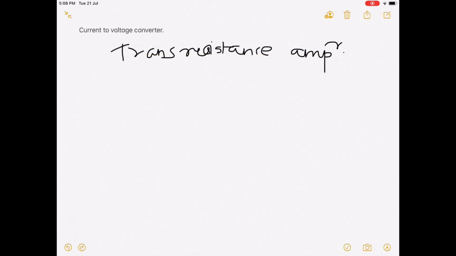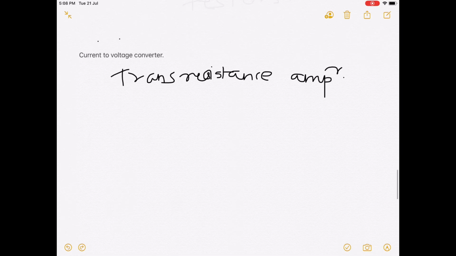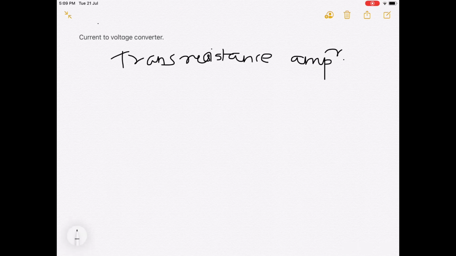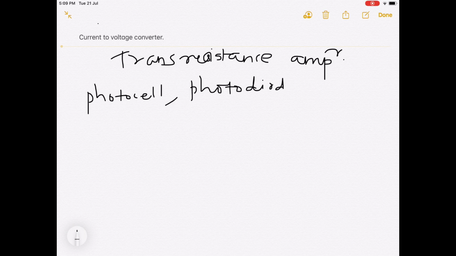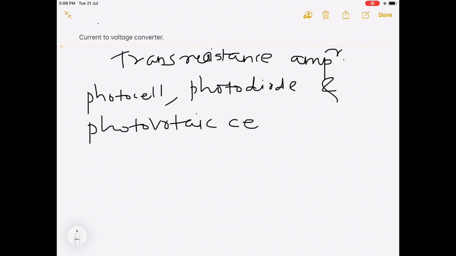Now, in applications like photocell, photodiode and photovoltaic cell, we have to convert current that is proportional to the incident radiant energy or light.